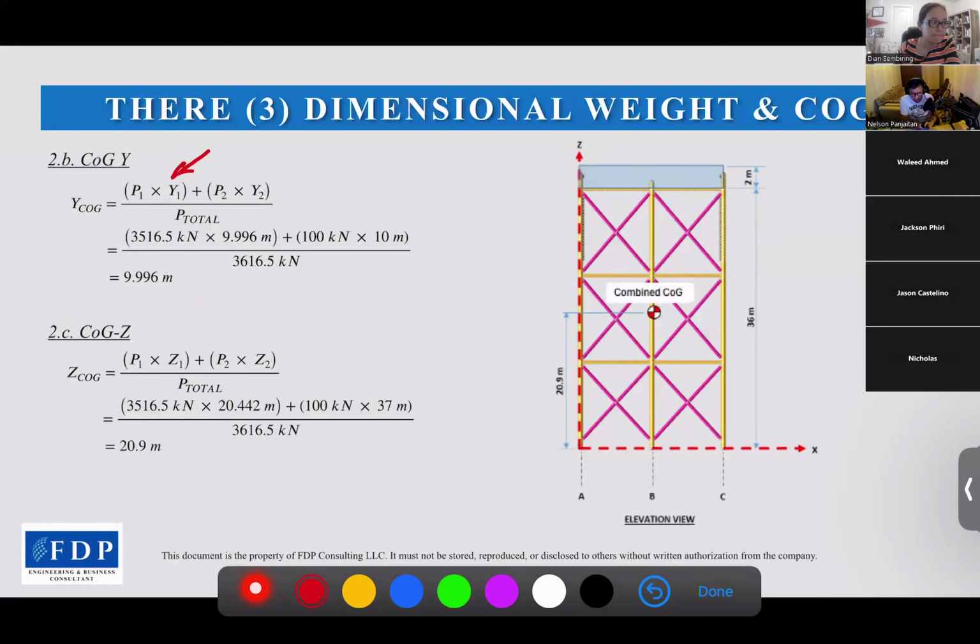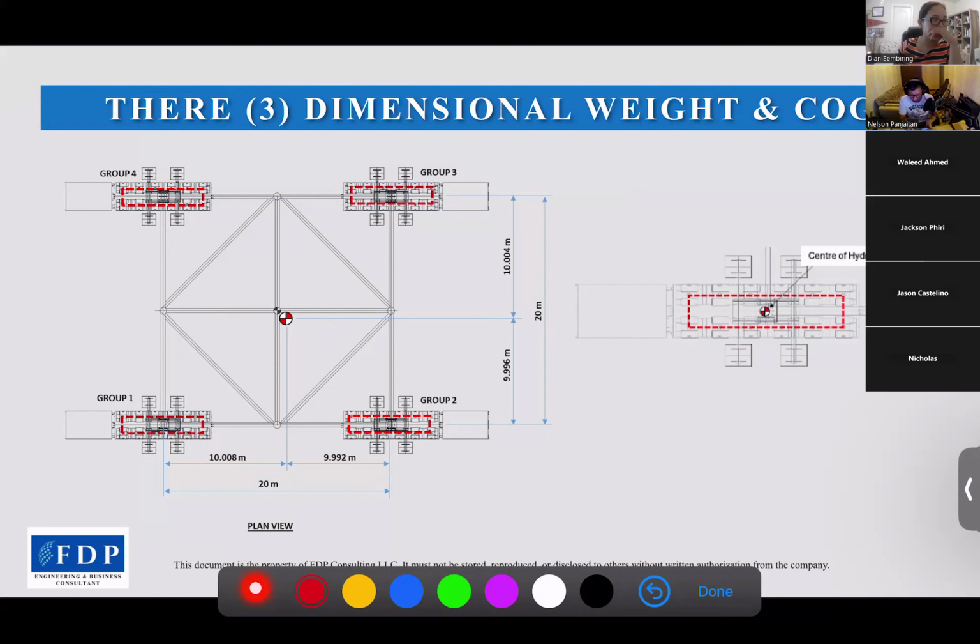It's still the same 10.008 meters for the X and 9.996 for the Y. But the difference is only at the Z COG. And then how the SPMT works for this: the grouping works for each group.